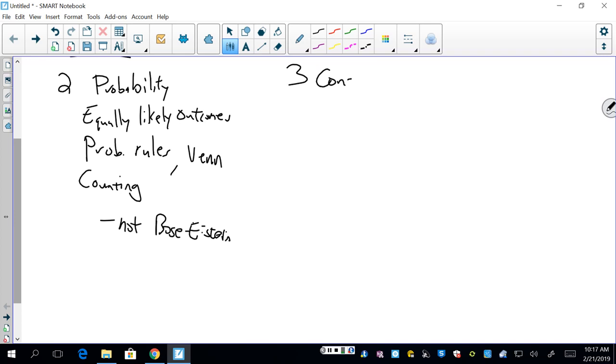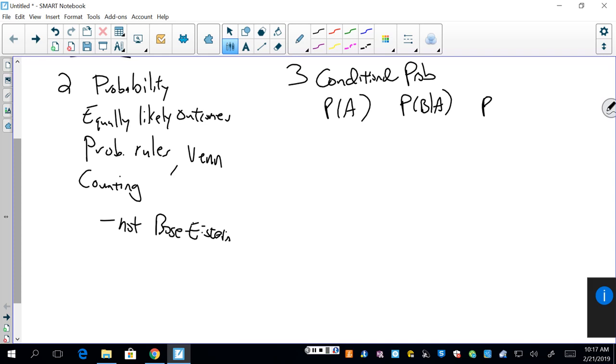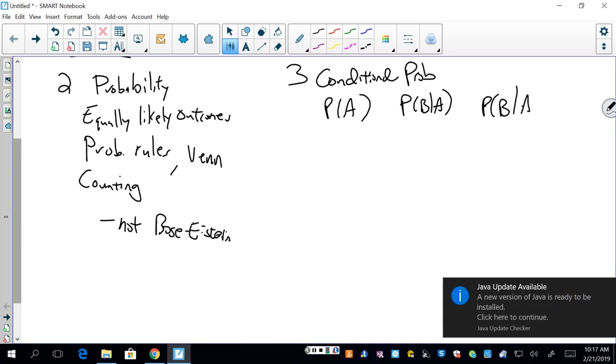Chapter 3 was on conditional probability. In this, you had to be told a number of probabilities for this to be possible, like a probability of an event A, a probability of another one given A, and a probability of another one given that A did not happen.